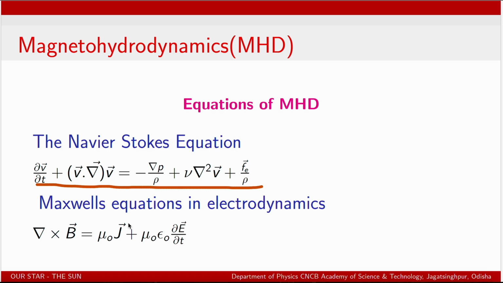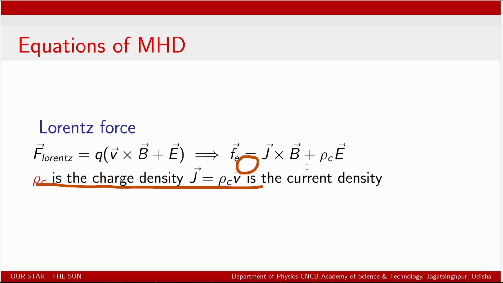In order to understand the fluid dynamics of plasma, we need the Navier-Stokes equation and Maxwell's equations, and this force can be the Lorentz force. So part of it is the Lorentz force. So what is the Lorentz force? This is the Lorentz force.